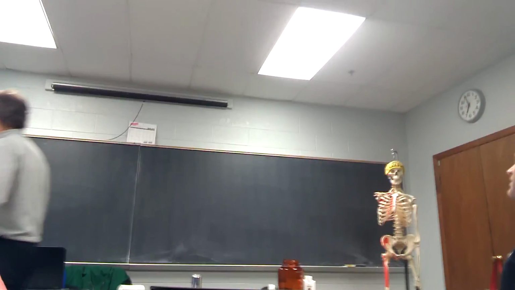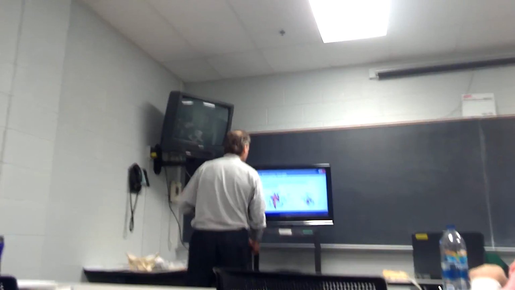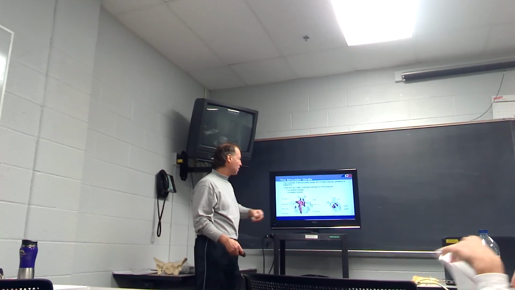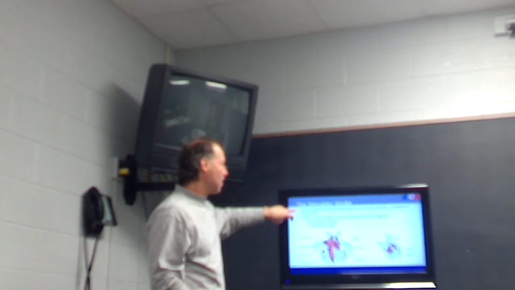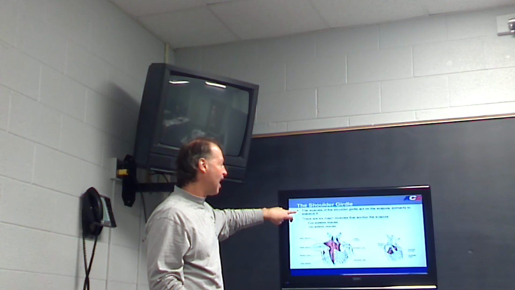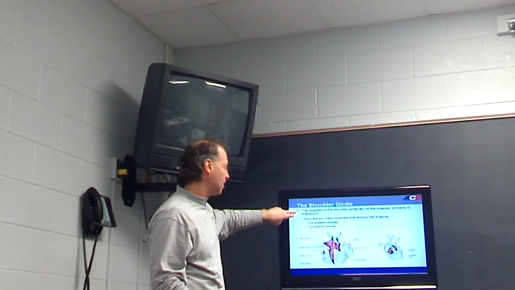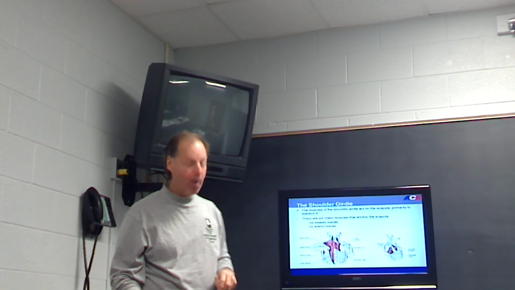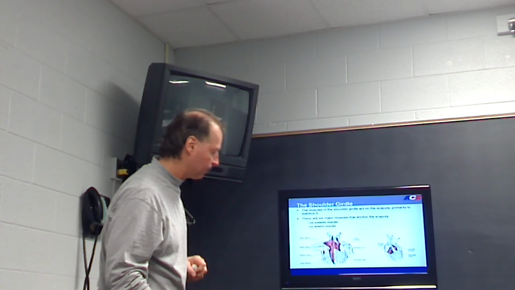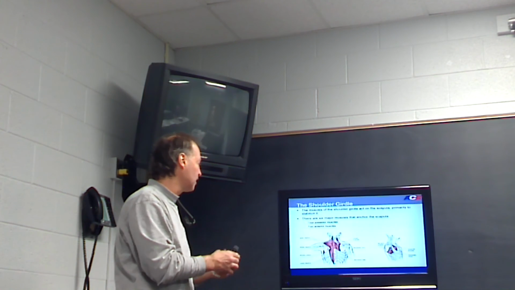Okay, shoulder girdle. We've seen some of these before. The muscles of the shoulder girdle act on the scapula primarily to stabilize it. At the scapula, you have elevation and depression.